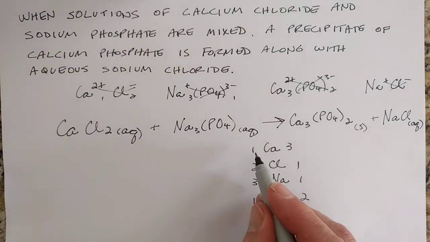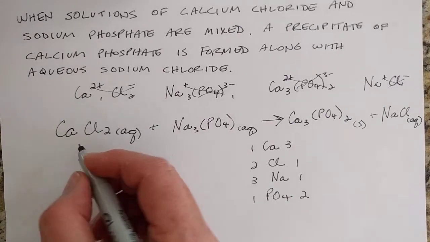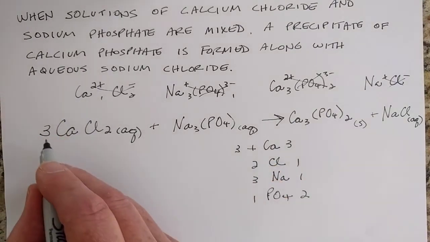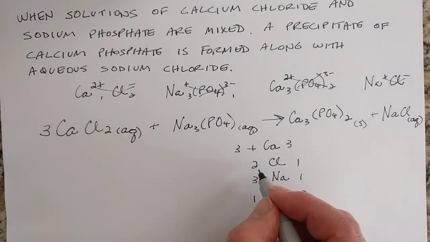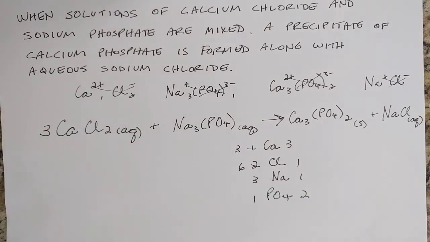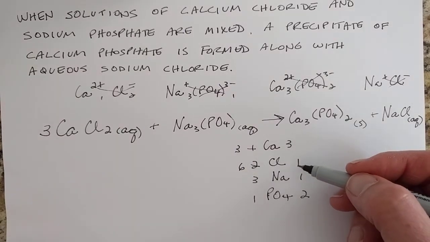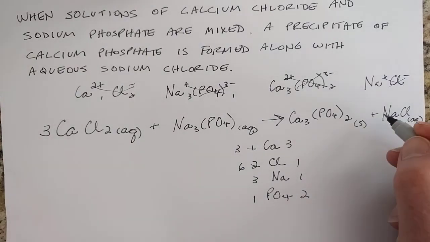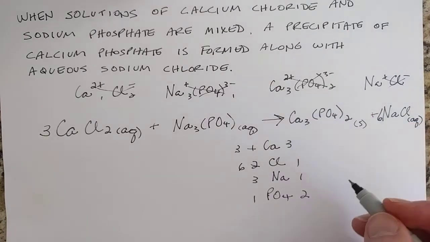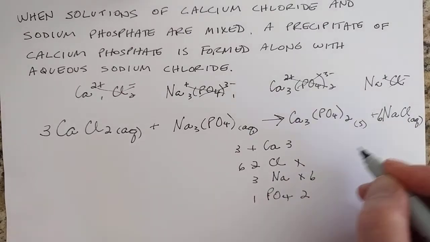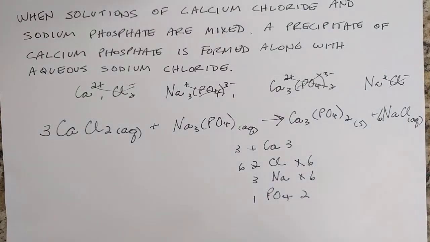I need 3 calcium over here. So that gives me my 3 calciums, and 3 times 2 gives me 6 chlorines. So I need 6 chlorines on this side. Let's put in a 6. That gives me 6 sodiums and 6 chlorines.